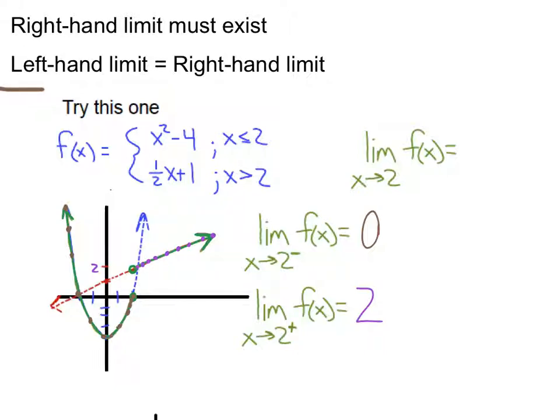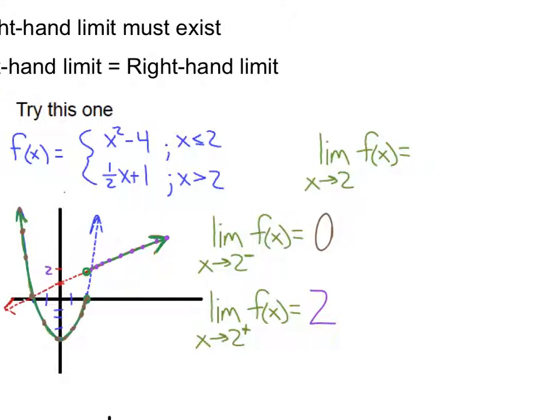So, does the left-hand limit exist? Yes. Does the right-hand limit exist? Yes. Are they equal? No. So, we would say that the limit as x approaches 2 of f of x does not exist. Okay? The limit does not exist.